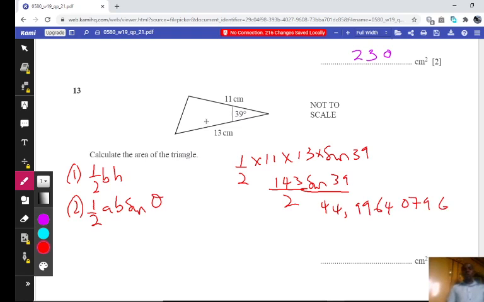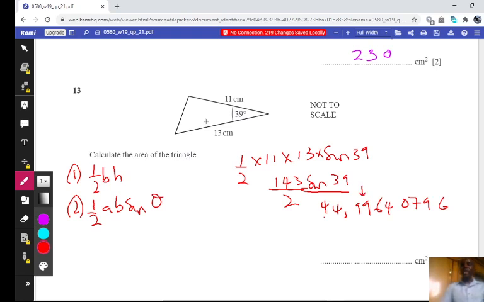So we have to follow our instruction, round off this one to 3 significant figures. You start counting from this first 4: 1, 2, 3. Then you look at this number here. It's 9, which is above 5.